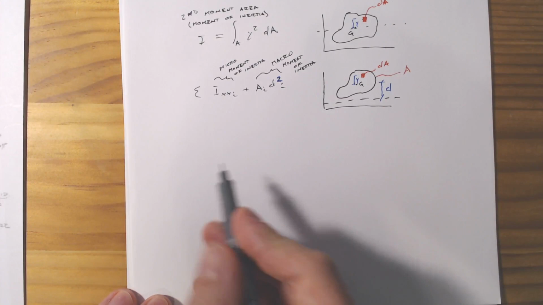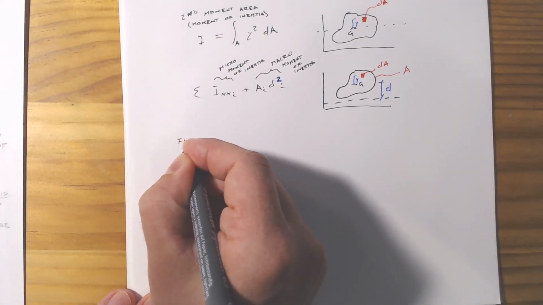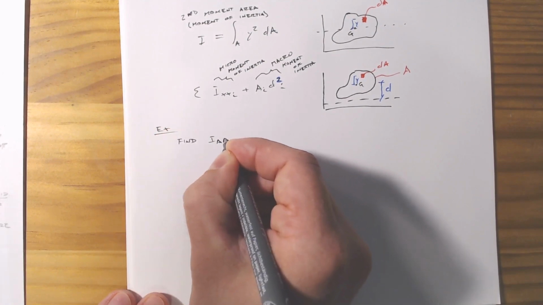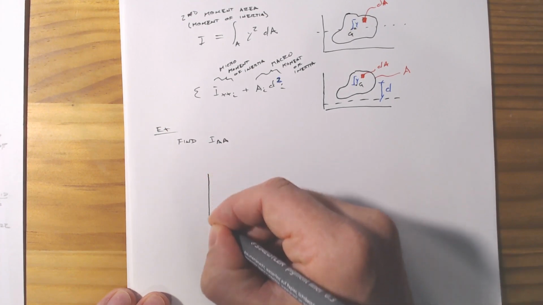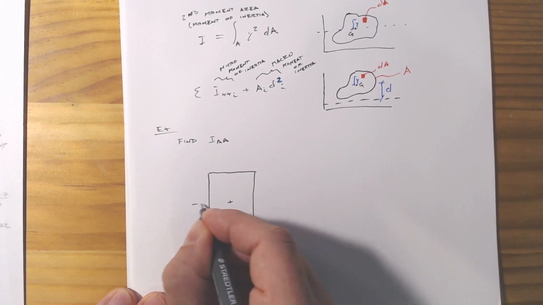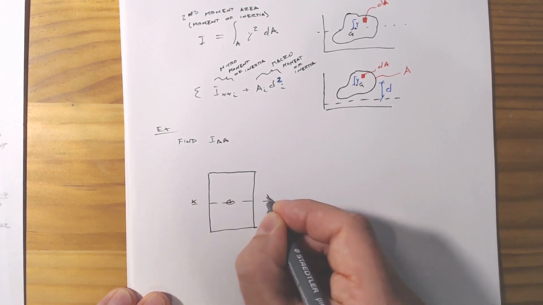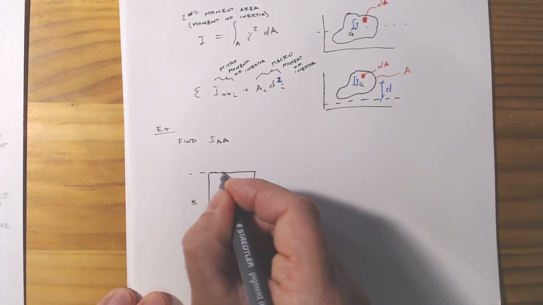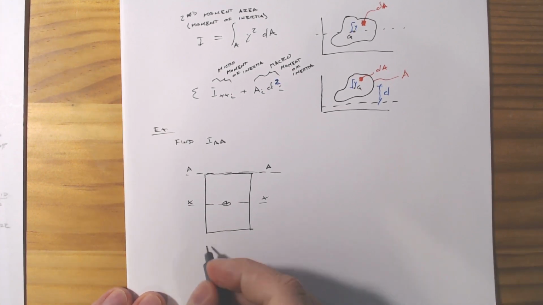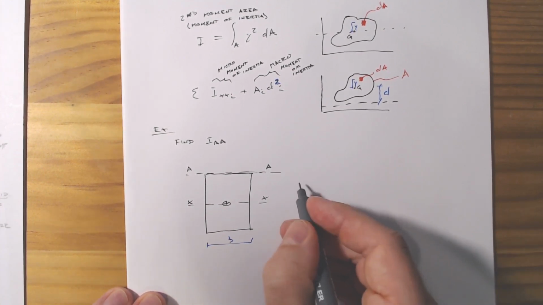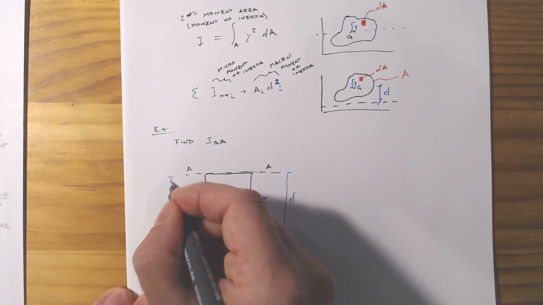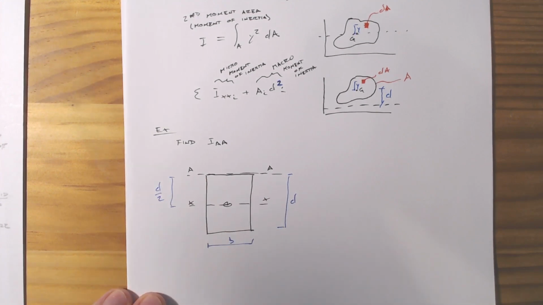So say we wanted to find I of AA, where the centroidal axis is our x-axis, and the top of this rectangle is the AA axis. We've got some depth d, and then obviously d over 2.